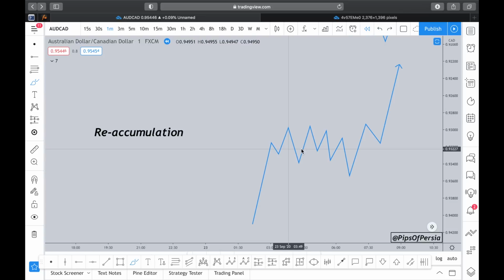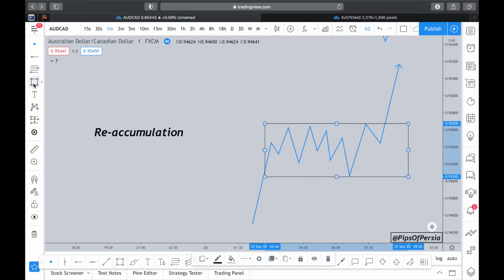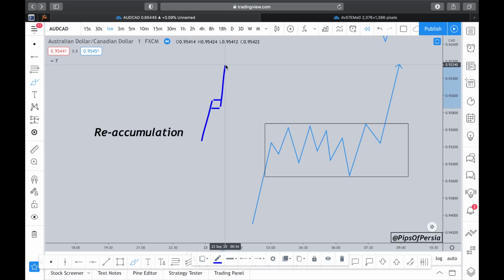Now, for those of you who trade supply and demand, it is important to mention that this is a rally-based rally on a higher time frame. I know a lot of you will look at areas on the higher time frame where the market goes up, stalls maybe for a few candles, and continues in that given direction.